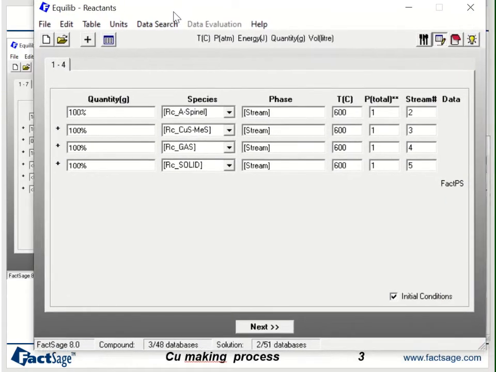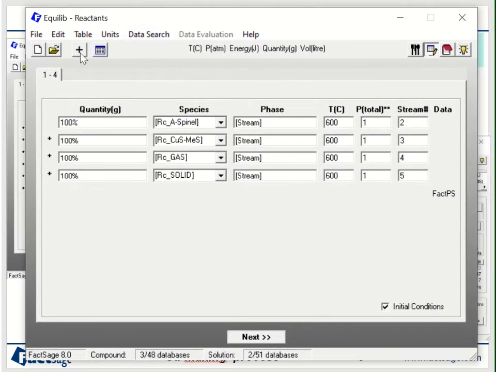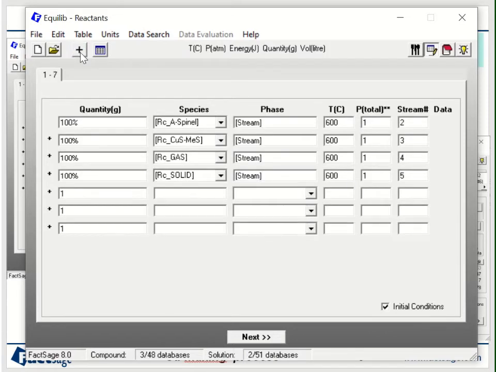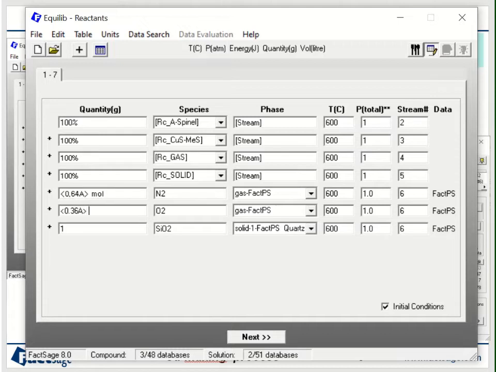So now I'm injecting 3 more: the first one is nitrogen, then oxygen, and the last one is SiO2. This one was 0.64A mole and 0.36A mole.